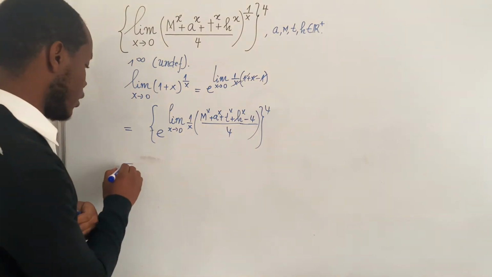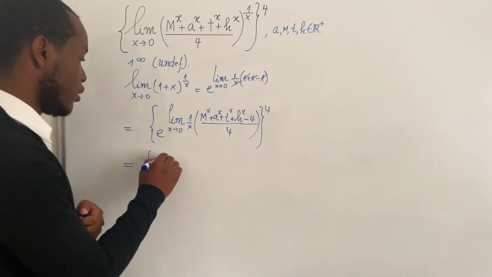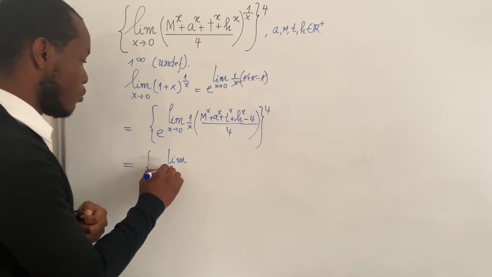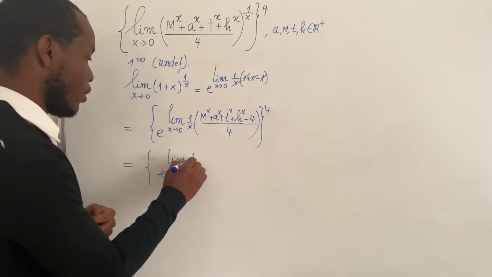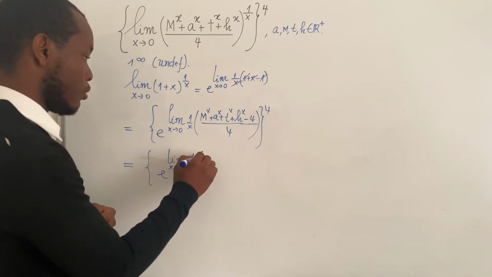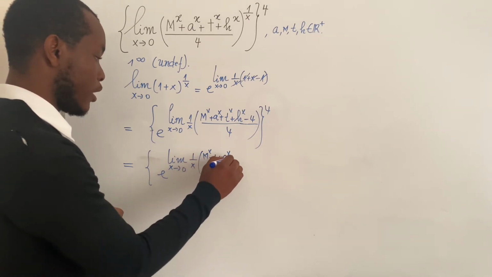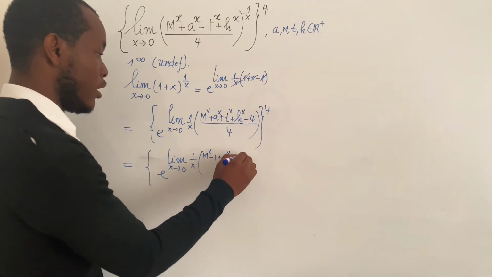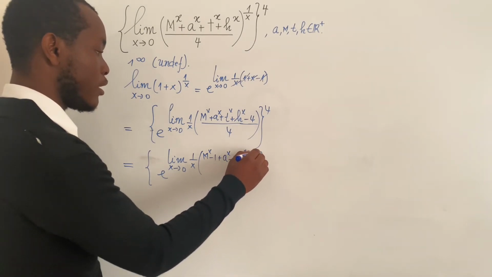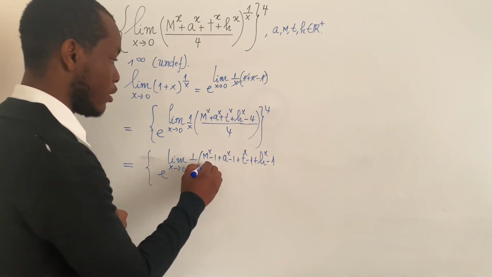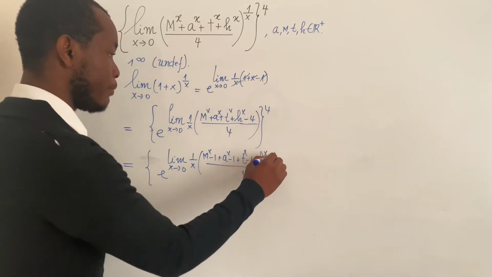If we do that, we're going to have Euler to the power limit when x approximates 0 of 1 over x times (m to the power x minus 1 plus a to the power x minus 1 plus t to the power x minus 1 plus h to the power x minus 1) all over 4.